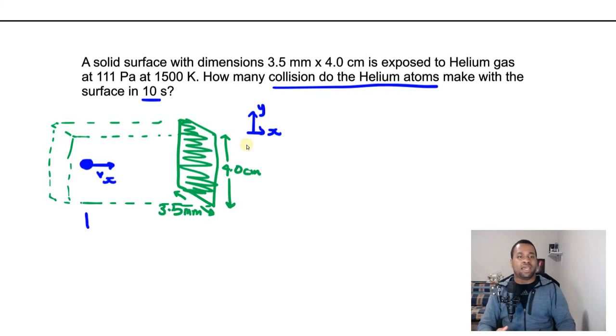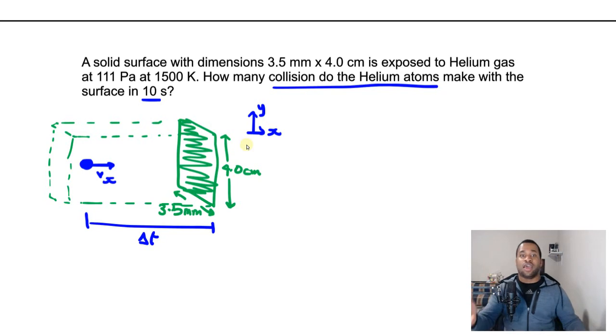From the time it's released to when it hits, we assign a change in time, and therefore we can determine our distance, which we did in our previous video. Our change in time is measured in seconds, and it is 10 seconds in this question.